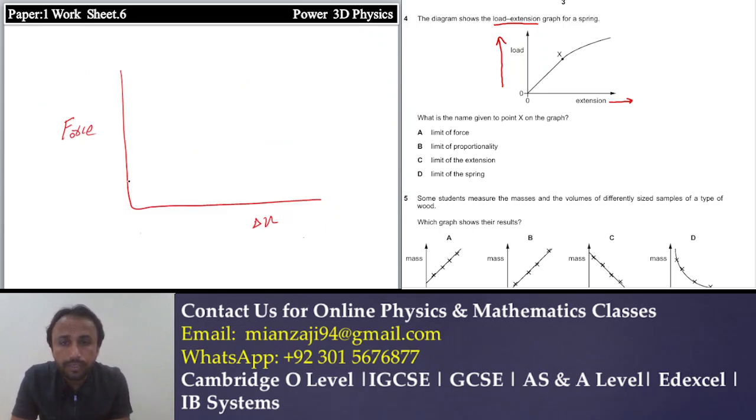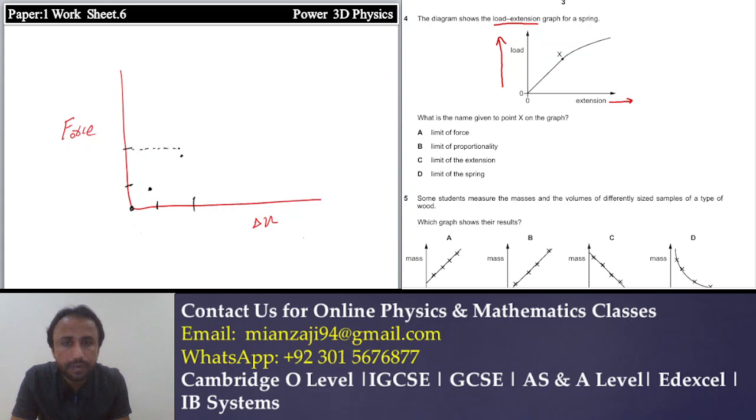Now we will solve this question by taking the example of this graph. When the force is 0, delta x is 0. When the force is 1 Newton, the extension is 1 centimeter. When the force is doubled, again the extension is doubled. It means both are increasing linearly.